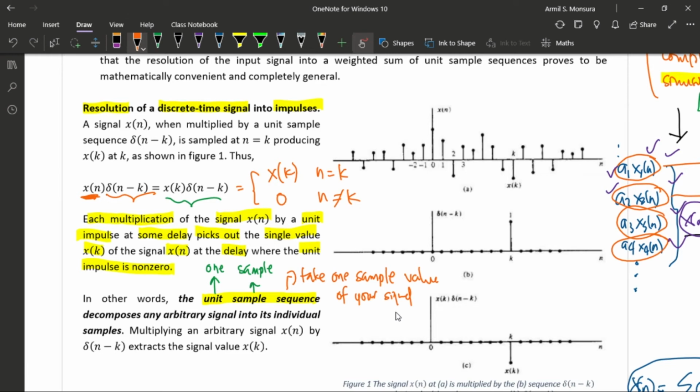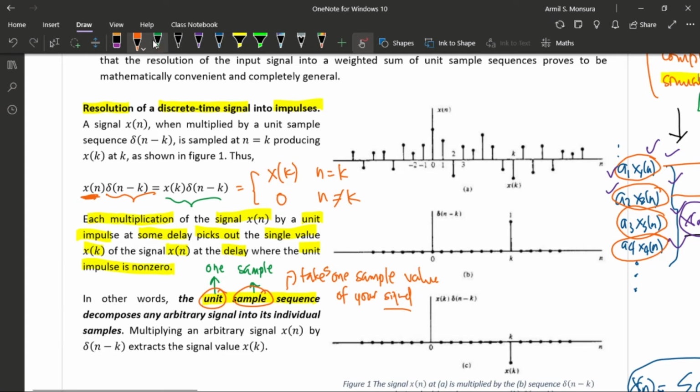So anything na i-multiply nyo sa isang unit sample sequence, kukuhanan niyo yan ng isang sample value. Isa dahil unit, at kukuha niya ng sample. So that's the purpose of actually having your unit sample sequence. So the unit sample sequence takes one sample value of your signal out of the many sample values na meron sa kanya.